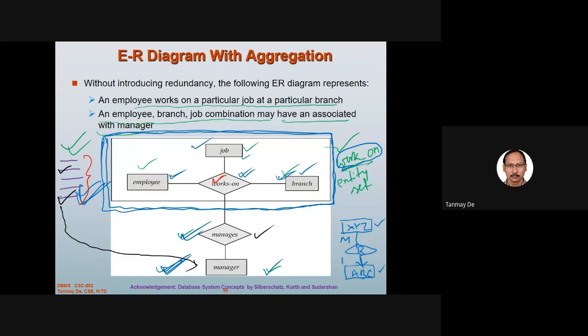These two black color entities are present here, also associated via this work on relationship, as well as using the managers relationship. That is, some of the entities in this aggregated entity set are associated with the manager and some of them are not associated, but they are associated with the branch and job inside this work on relationship.